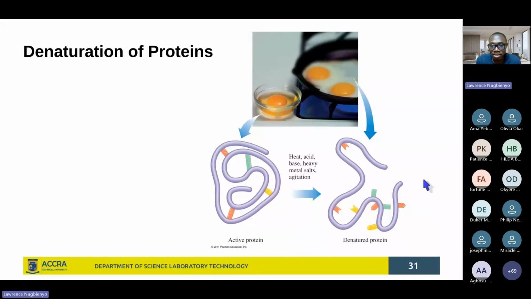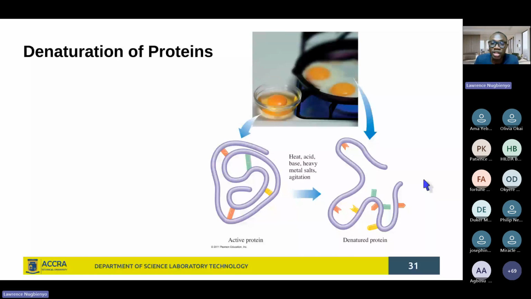But denaturing is about breaking the bonds that we talk about that form the secondary structure and the tertiary structure, which are also the same bonds which you find in the quaternary structure. So for instance, if you take, say, the hemoglobin that we talked about, the hemoglobin is having a particular structure, and that structure is what makes it functional.